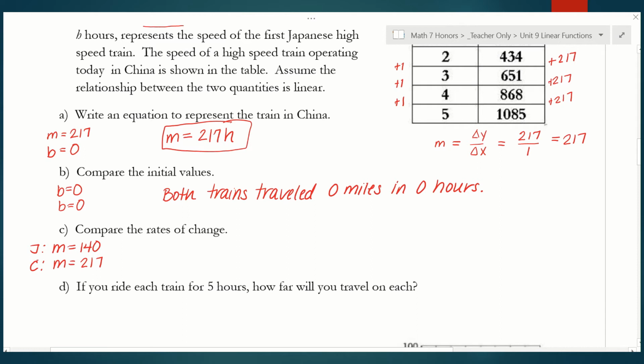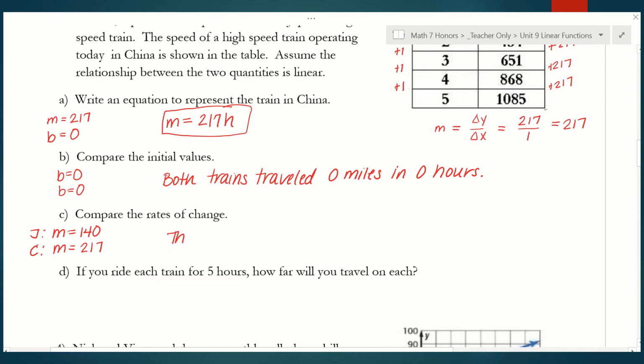The Chinese train travels at 217 miles per hour, where the Japanese train only travels at 140 miles per hour. So the Chinese train travels faster than the Japanese train.